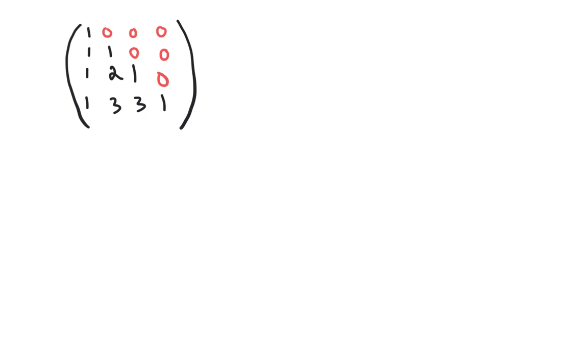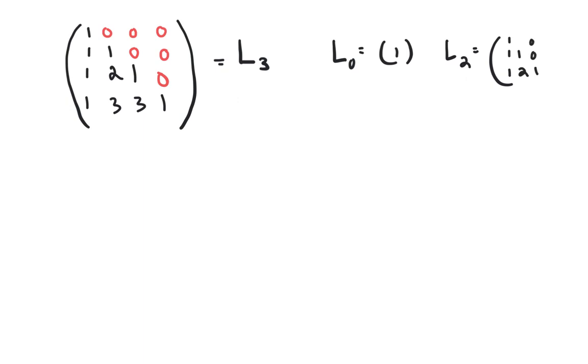Let's call this L3, L for lower triangular, and 3 for the fact that we have the 3 choose r row here. For example, L0 would just be the matrix with a 1. And let's say L2 would be 1, 1, 1, 1, 2, 1 with some zeros here.